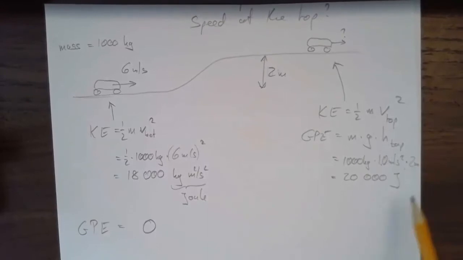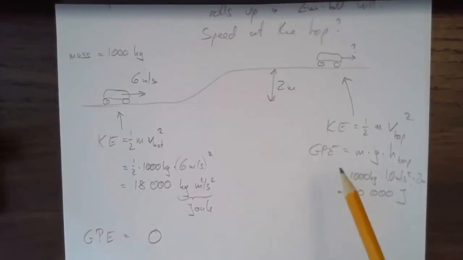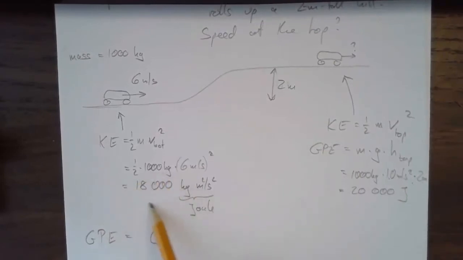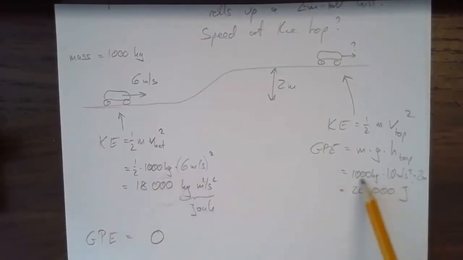Interesting. So one thing you notice is that in this particular example, it appears that there's less initial kinetic energy than there has to be final gravitational potential energy.